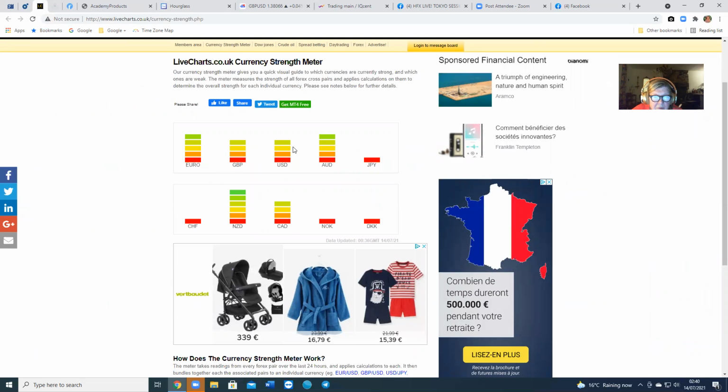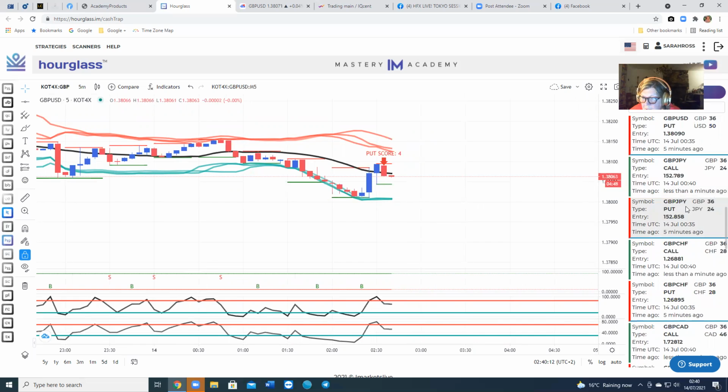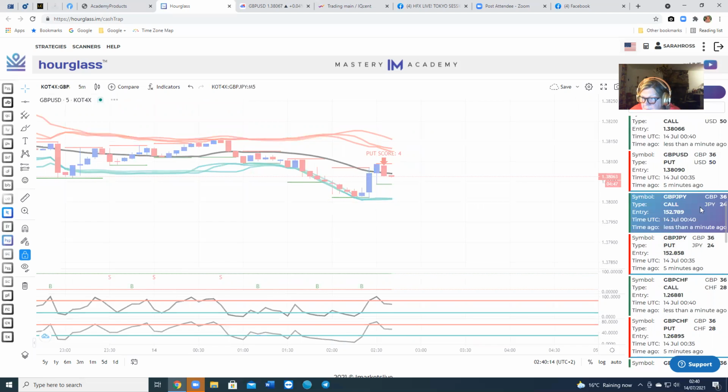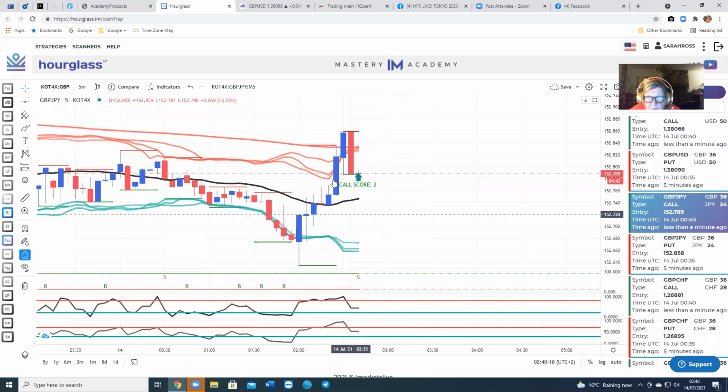GU, they're very, very similar. Probably best stay away. Because I was thinking of taking, I'm going to look at GJ. 36 to 24. We've got a call score of 2. It's not quite as low down as I would like.